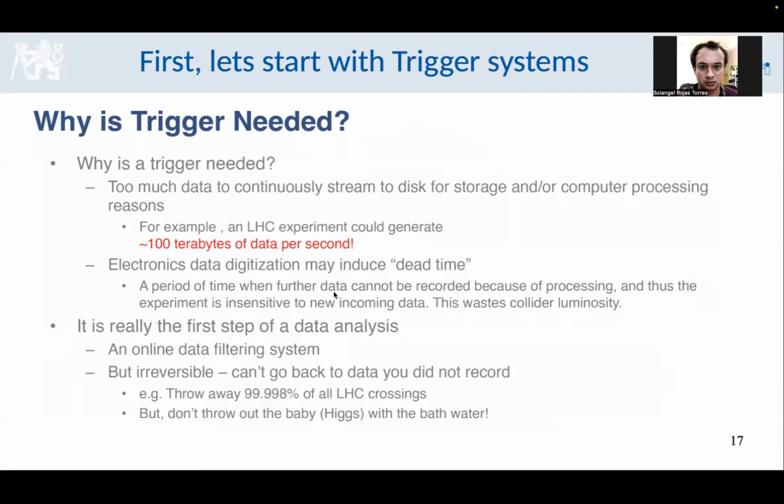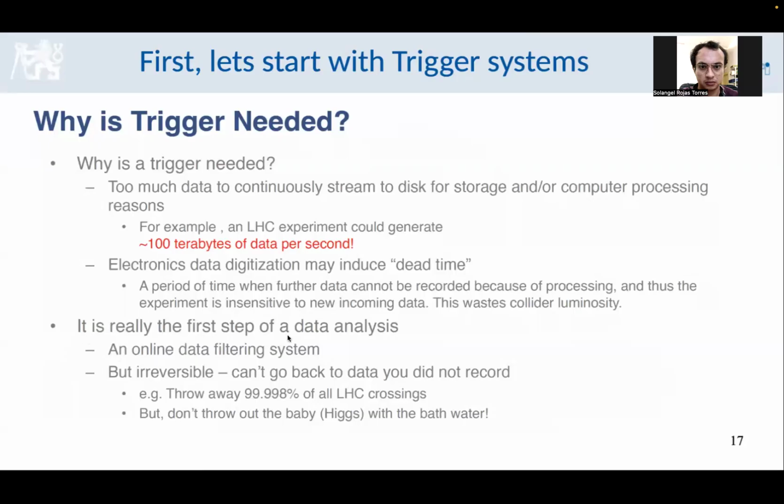For this you have some electronics, but this introduces some dead time, because these electronics can normally be much slower than the trigger that provided the trigger. And we have to take this into consideration for the design.